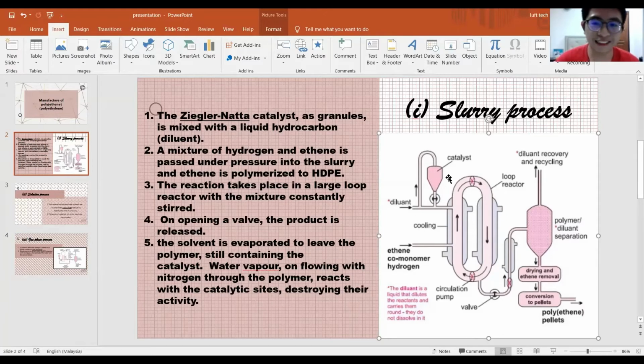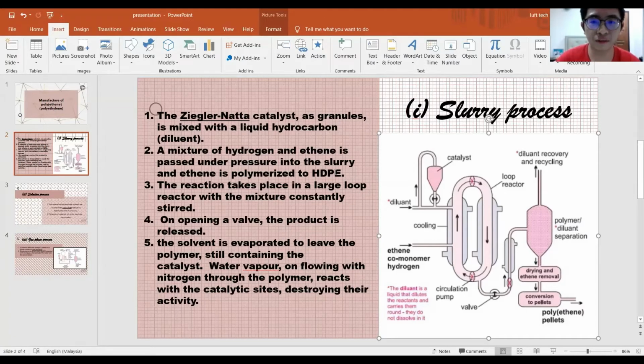The water vapor, flowing with nitrogen through the polymer, reacts with the catalytic site, destroying its activity so as to stop the reaction. So that's all from the slurry process.